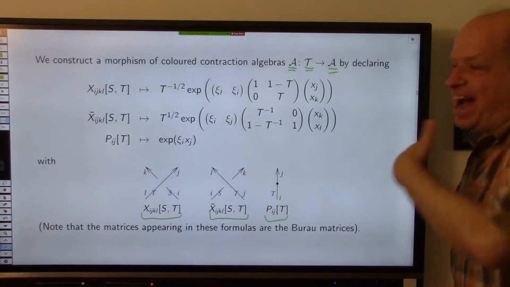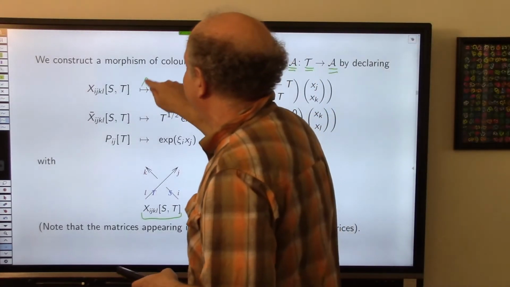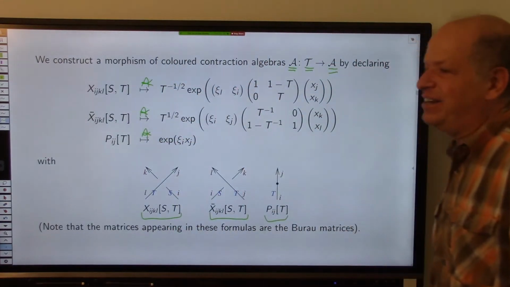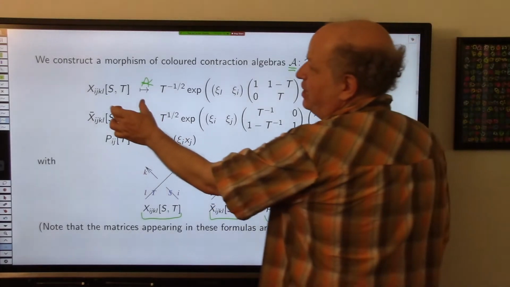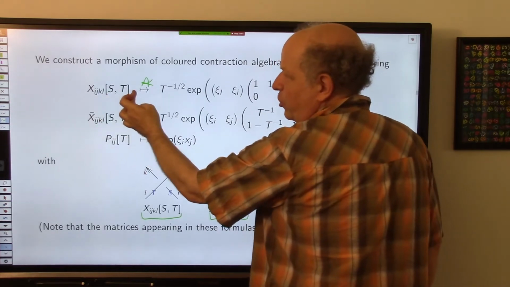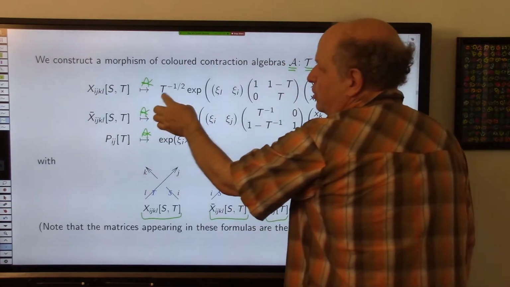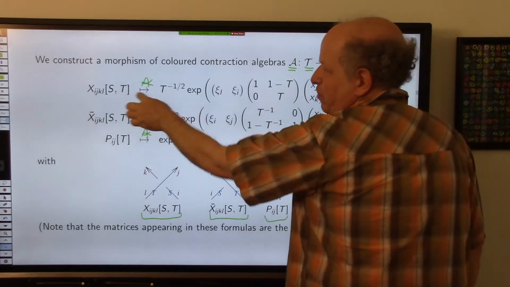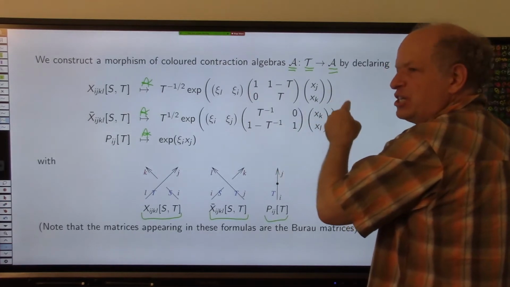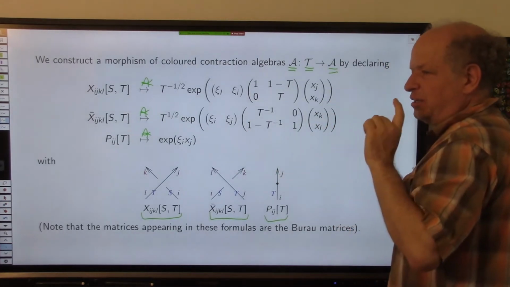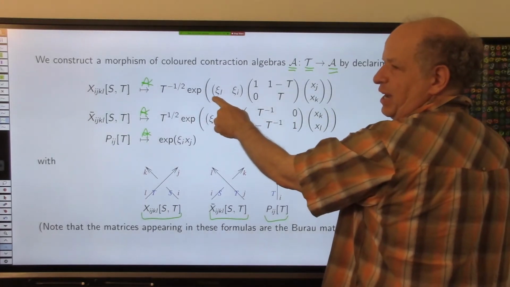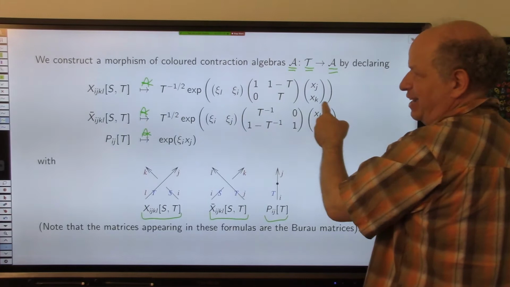Okay? Now I am about to define this Archibald multivariable Alexander invariant. So it maps X IJKL, well, it maps the overcrossing to t to the negative 1/2. T is just a variable, so it's t to the negative 1/2 times the exponential in the exterior algebra of the following quadratic expression.